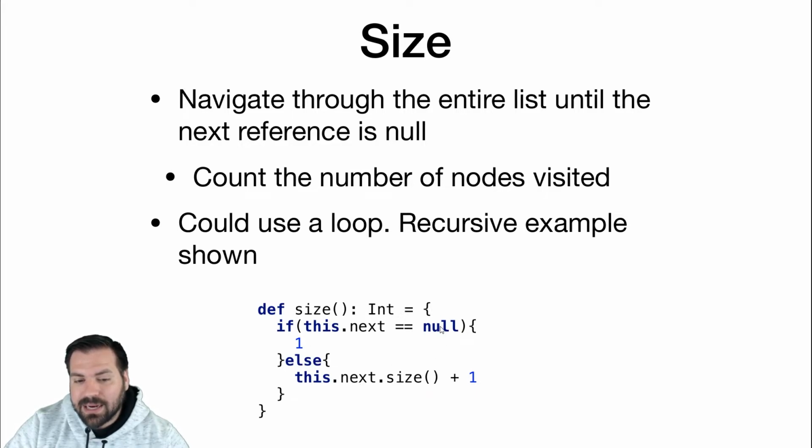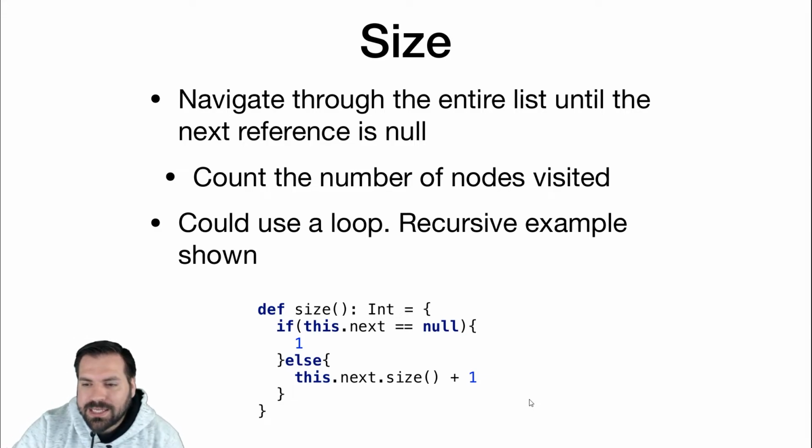If next is not null, then there must be a linked list node stored in next. Well, I'm going to ask that node for its size, and when it returns its size, I'm going to add 1 to it and return that. So if this is a list that's longer than 1 length, I'm just going to ask the next node, hey, what's your size? I'm going to add 1 to it and then return that. Done. That's our size method.